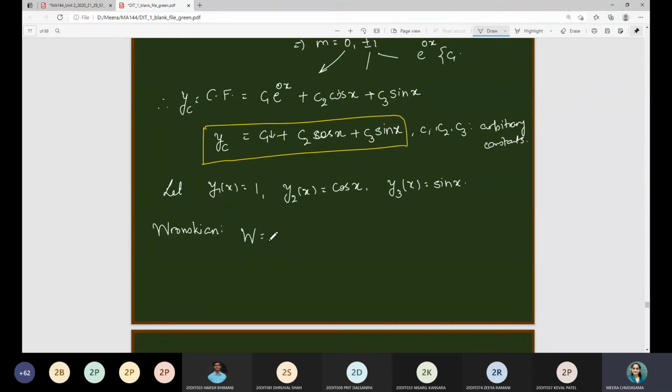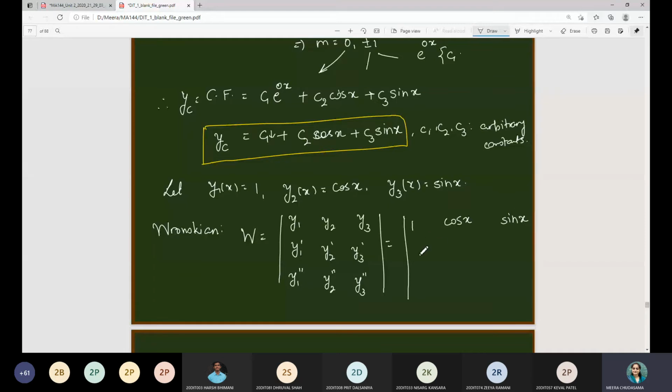We have to find the Wronskian W, which has first row y1, y2, y3, second row y1 dash, y2 dash, y3 dash, and last row y1 double dash, y2 double dash, y3 double dash. Let us substitute these values: 1, cos x, sin x. Now the derivatives: 0, minus sin x, cos x, and 0, minus cos x, minus sin x.